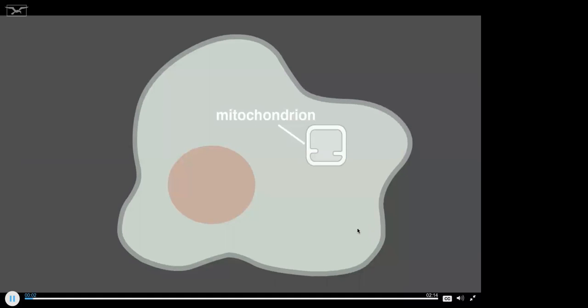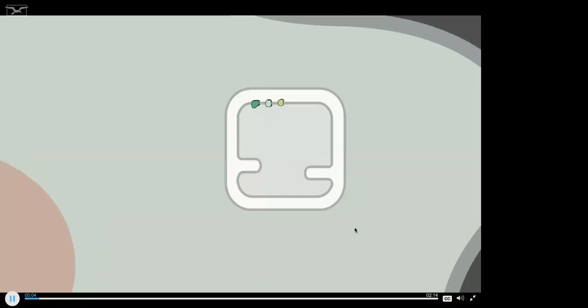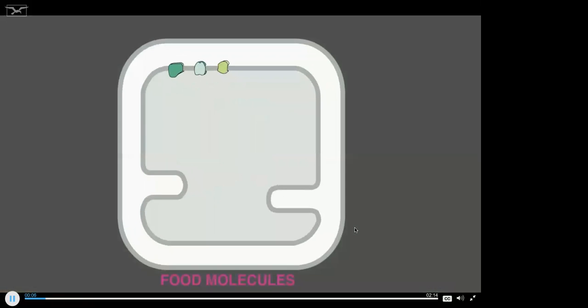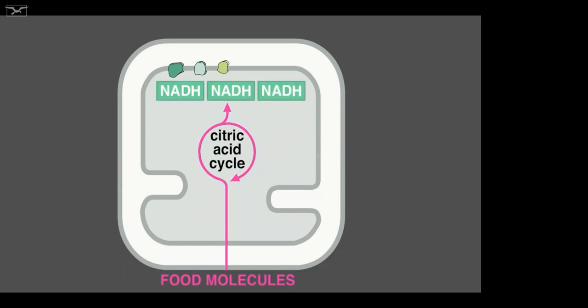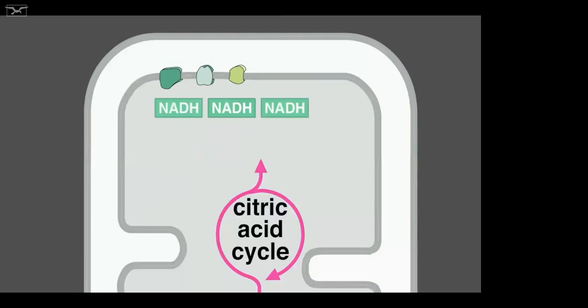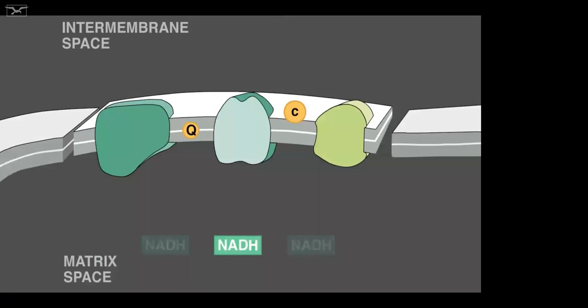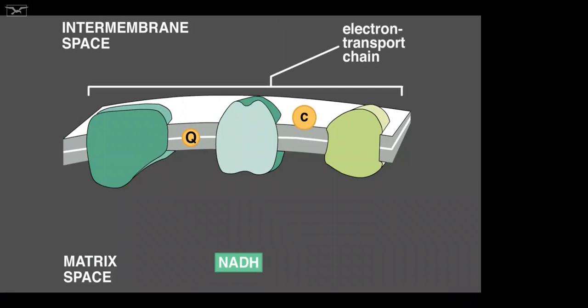The mitochondrion is the site of most of the cell's energy Can you hear production. it? Raise your hand. After food molecules are processed in the cytosol, they enter the mitochondrion, where they are further broken down. In the citric acid cycle, the molecules are stripped of high-energy electrons, which are donated to carrier molecules, such as NADH. The carrier molecules transfer the high-energy electrons to a chain of proteins called the electron transport chain, which is embedded in the inner mitochondrial membrane.